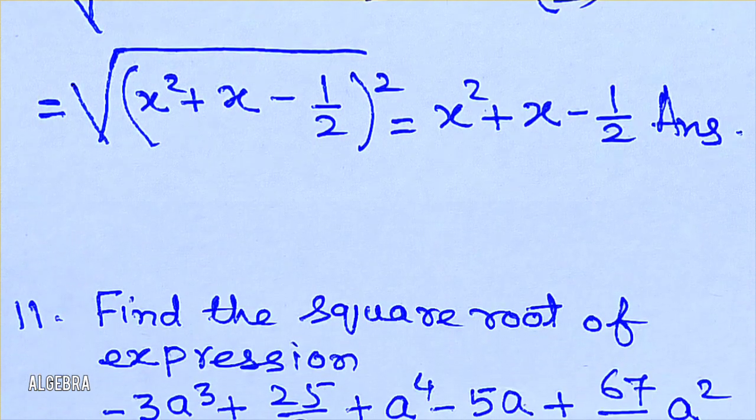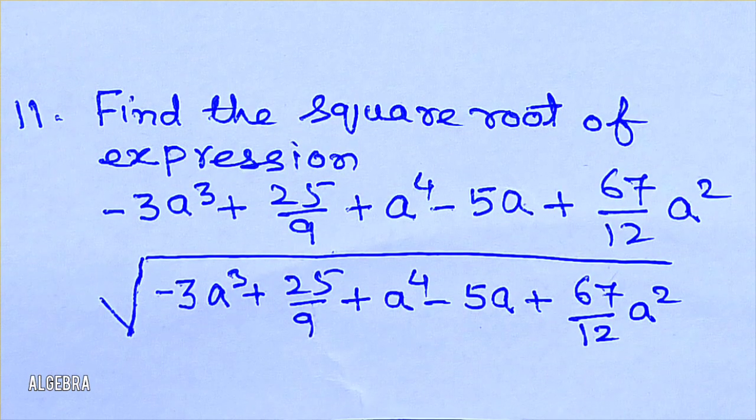Answer. 11. Find the square root of the expression -3a^3 + 25/9 + a^4 - 5a + 67/(12a^2).